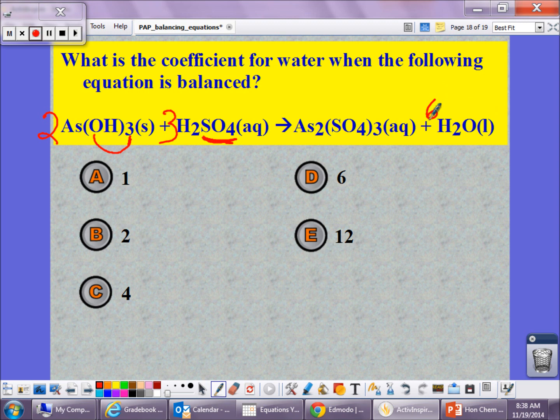I have 6 hydrogen here plus 6 hydrogen here, which gives me 12 hydrogen, and I have 12 hydrogen right here. I think I am okay. And the question is, always go back and answer the question: what is the coefficient for water when the equation is balanced? The coefficient is 6.